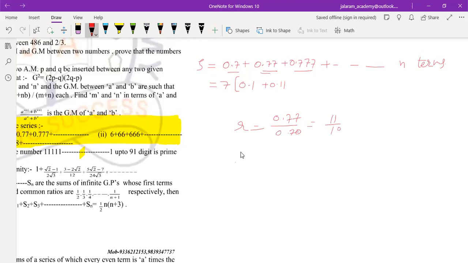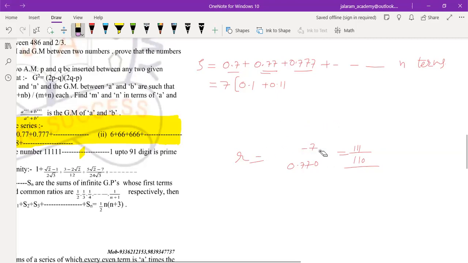And if you find the ratio between the third term and the second term, it will be 111/110, which means this is not a common ratio. It means it's not a GP, and neither is it an AP, because the differences are also not common. So for this, we convert it to a GP by first taking 7 common from all the terms: 0.1 plus 0.11 plus 0.111 and so on up to n terms.